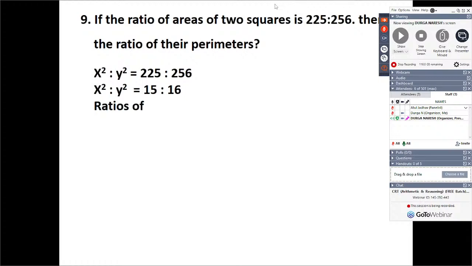So what is the ratio? 15 is to 16. The ratio of the perimeters is also 4x by 4y. So whenever it is 4x by 4y, the 4 cancels, and x by y, 15 by 16, is the correct answer.